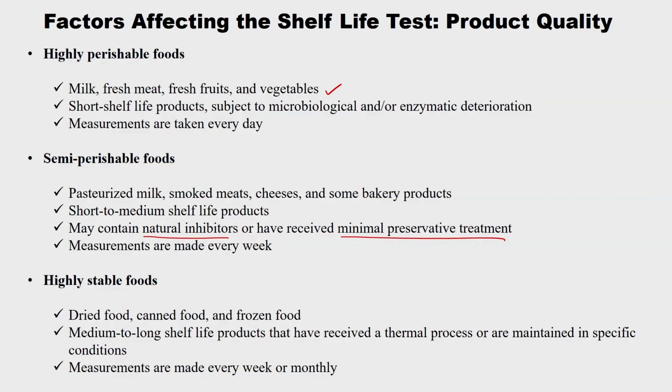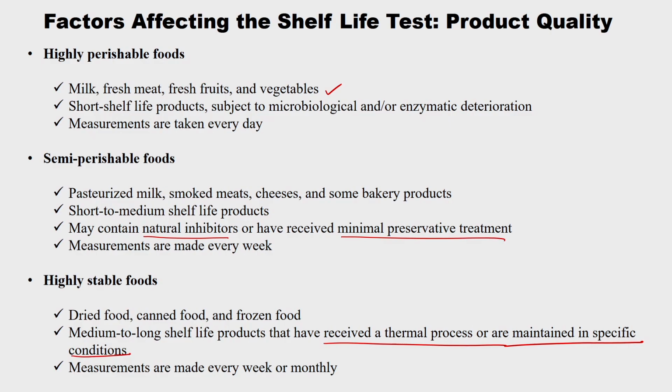And highly stable foods are dried food, canned food and frozen food. What makes them different from the other two categories is that they have received a high thermal process or are maintained in specific conditions, right.